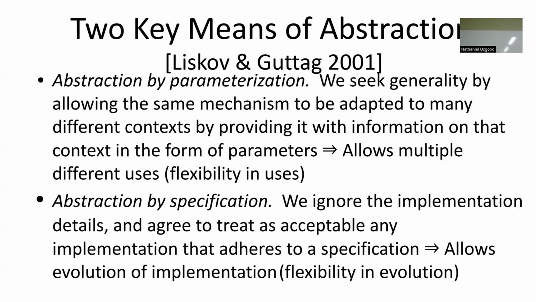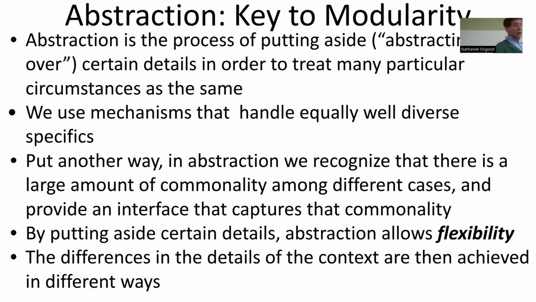And I want to see them featured more prominently. Abstraction by parameterization and abstraction by specification. I'm going to go through examples of each of these, and you're going to see why both hew to the same basic pattern.